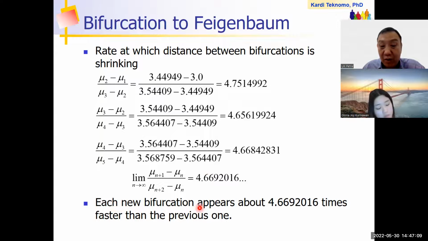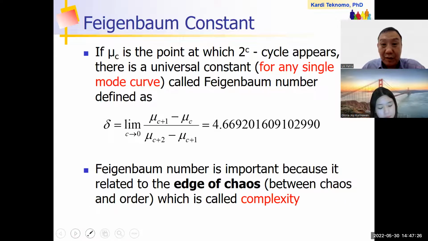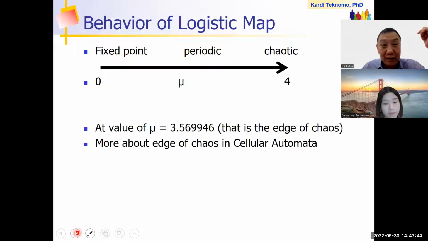So a new bifurcation will appear about 4.6692 times faster than the previous one. So this is the speed of bifurcation. Again, we study complexity here, right? So it becomes the Feigenbaum constant. The Feigenbaum constant is important because it's related to the edge of chaos. What is that? Complexity. Anything that smells like complexity is very interesting.